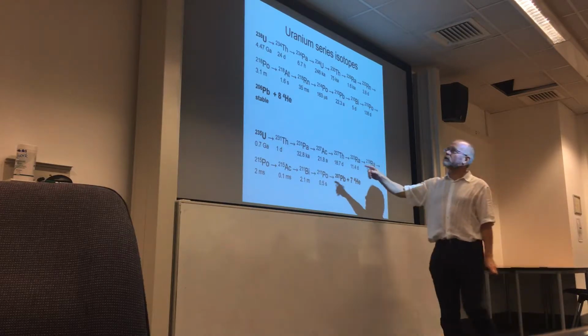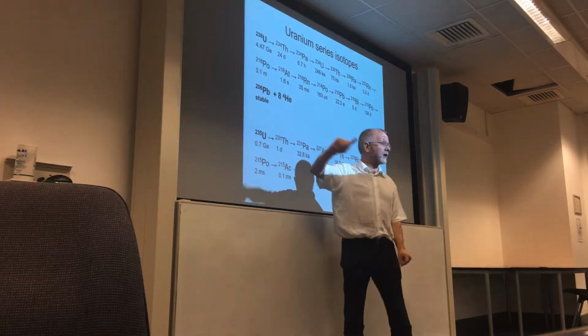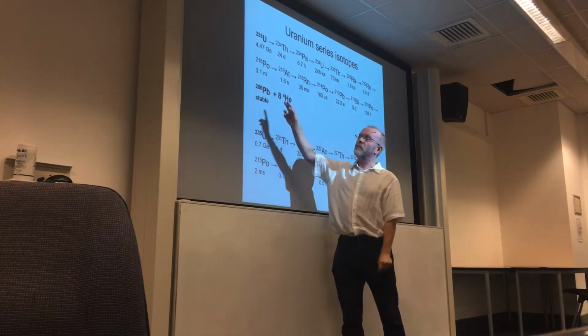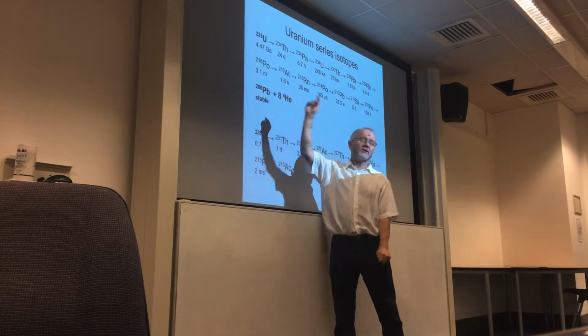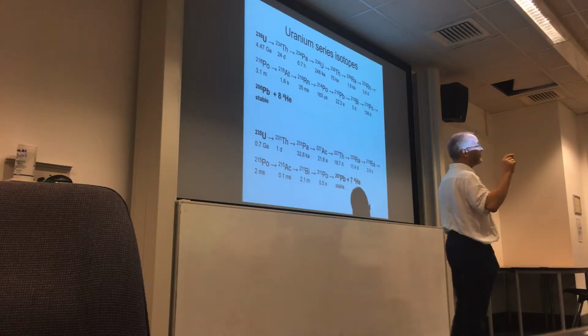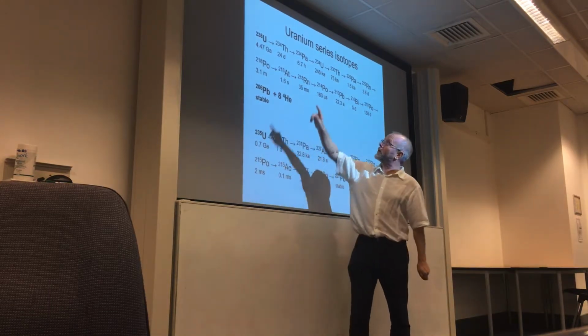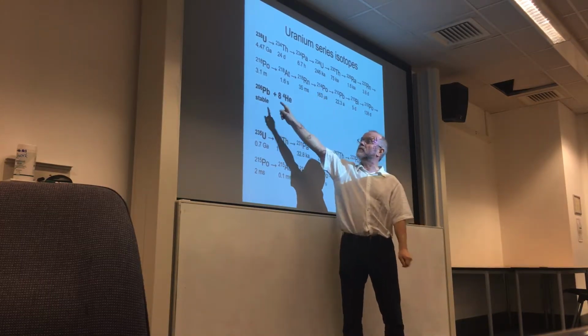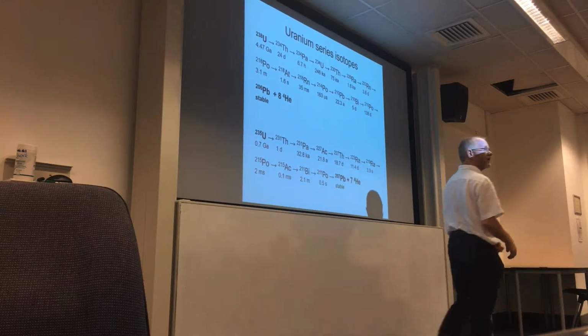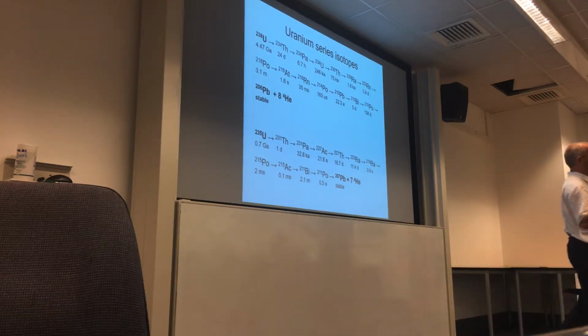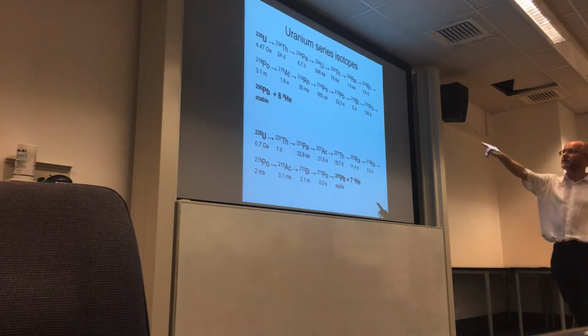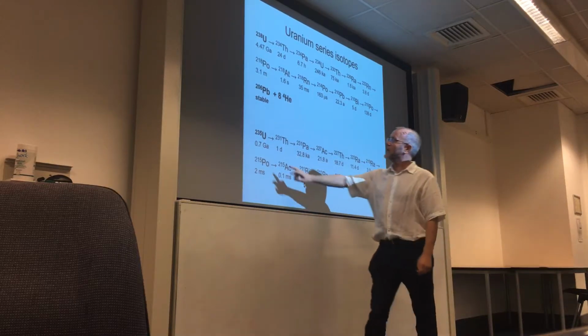However, if you're a bit confused about which lead isotope comes from which parent, remember that the mass number has to change by a multiple of 4, corresponding to helium-4s. So going from uranium-238 to lead-206, the difference in mass number is 32, 238 minus 206, so 8 heliums kicked out.